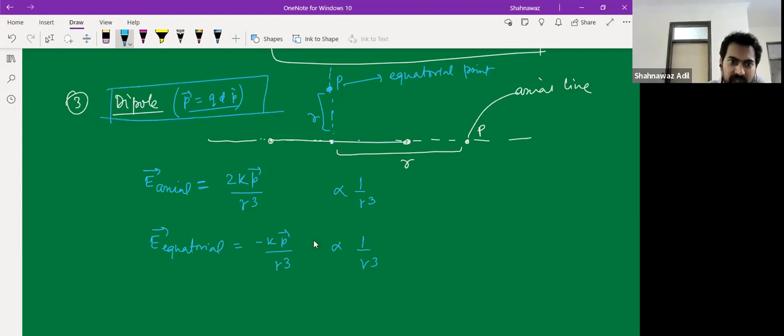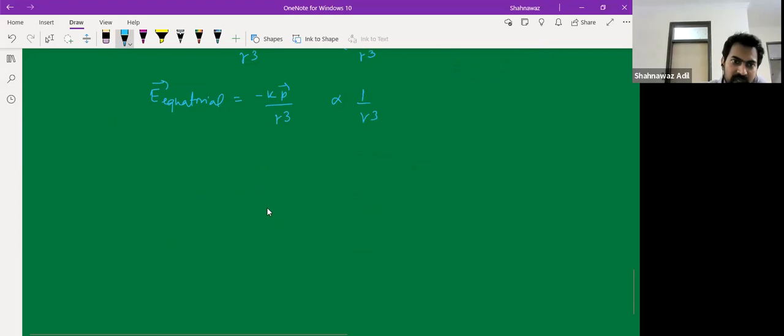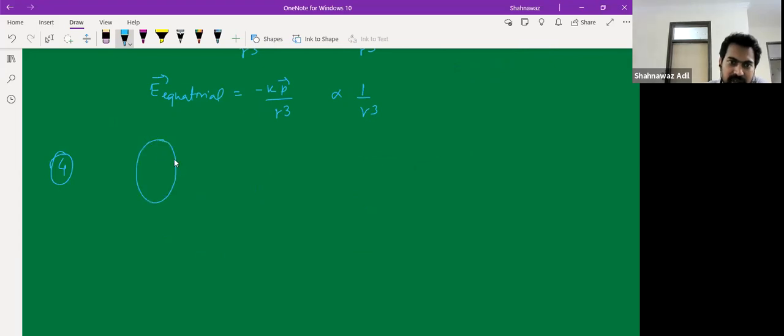And then what I will do is calculate the electric field due to this ring charge at this axial point.